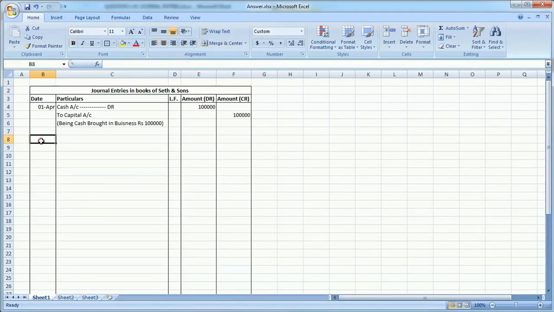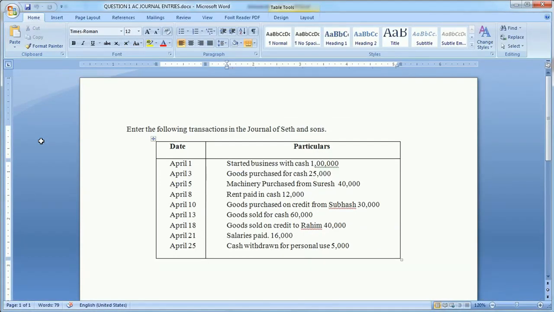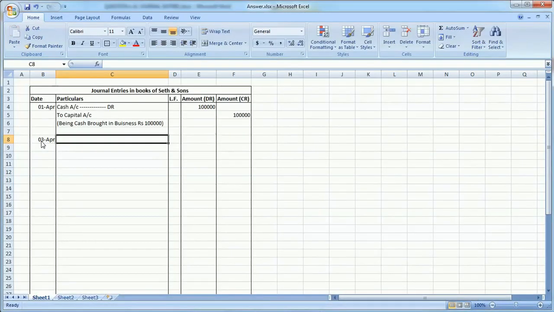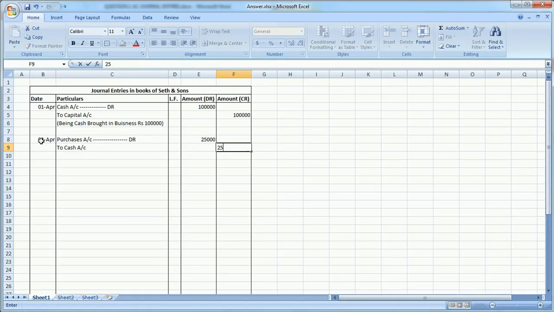So again, I'll write down the date, 3rd April. Goods are being purchased, so purchases account will be debited by rupees 25,000, and cash account will be credited by rupees 25,000.